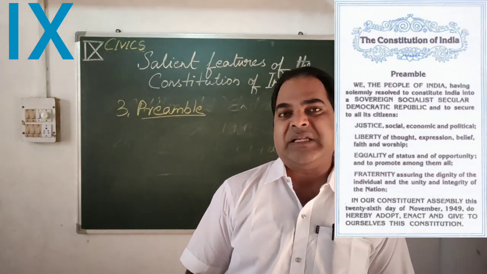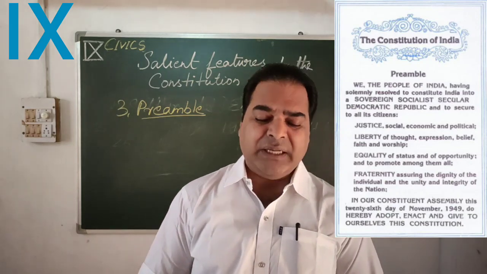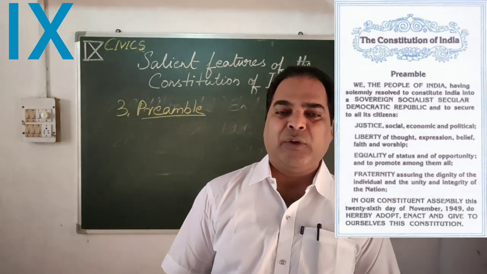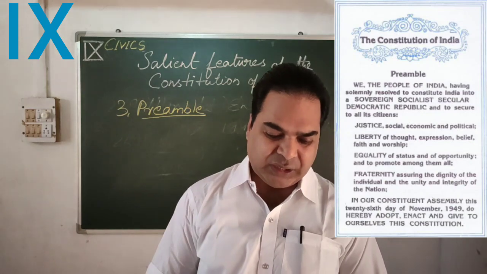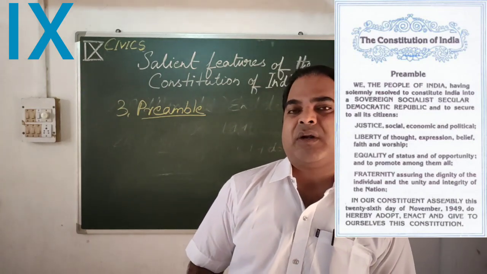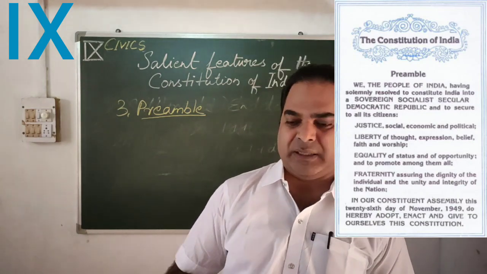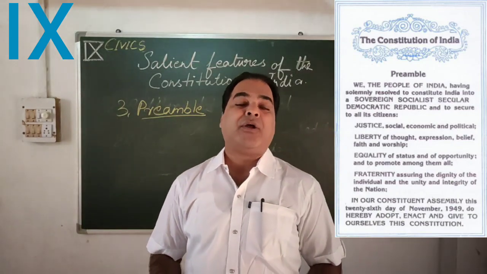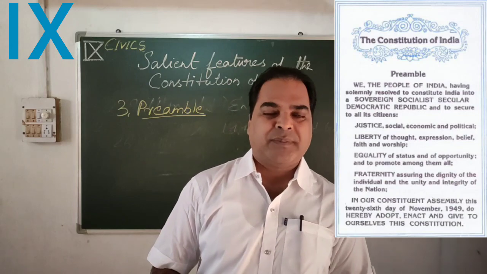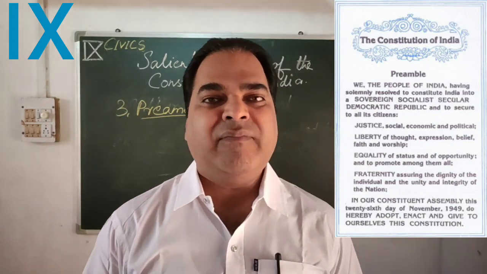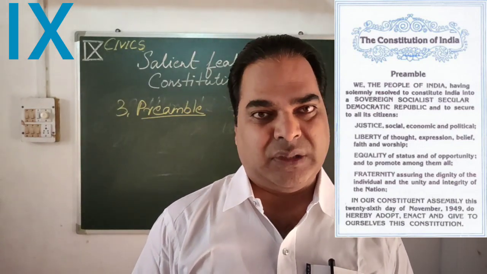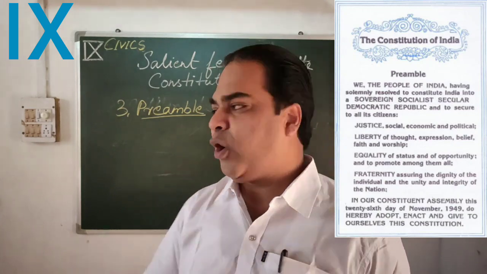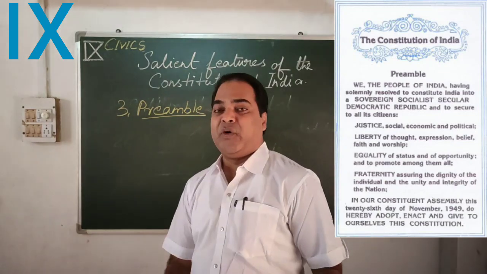Then fraternity, assuring the dignity of the individual and the unity and integrity of the nation. And the last part: in our Constituent Assembly, this 26th day of November, do hereby adopt, enact and give to ourselves this constitution. So 26th day of November, which we discussed before.